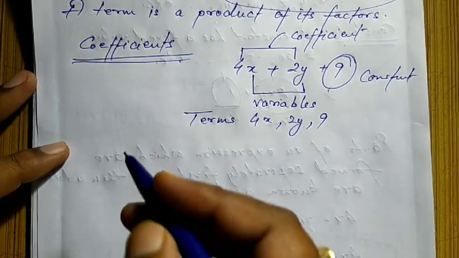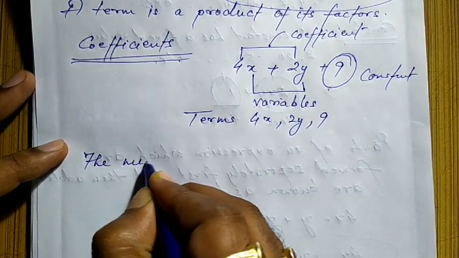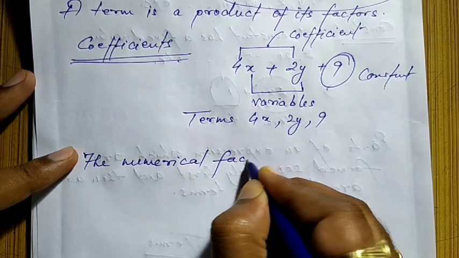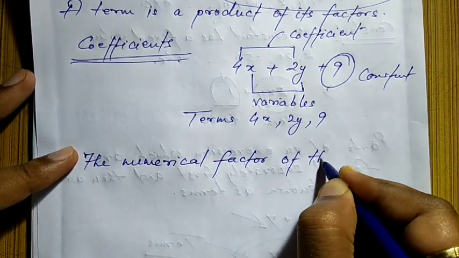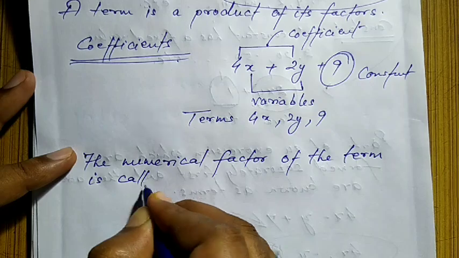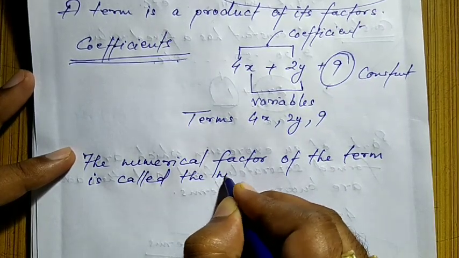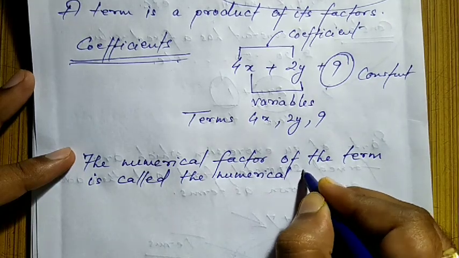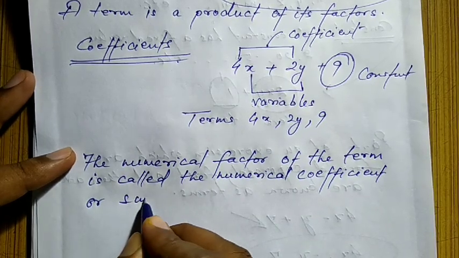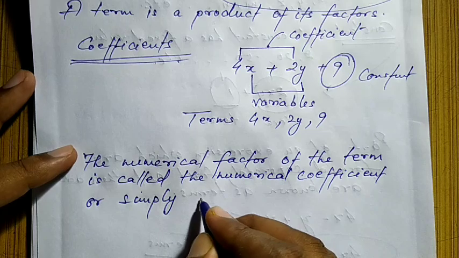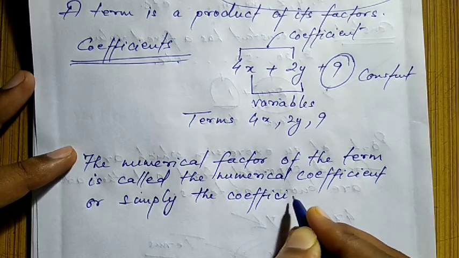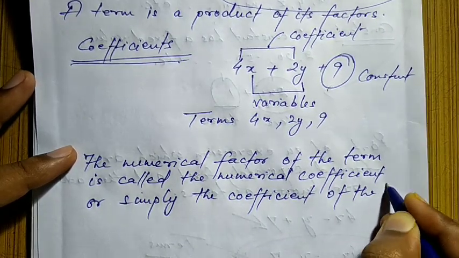The numerical factor of the term is called the numerical coefficient, or simply the coefficient of the term.